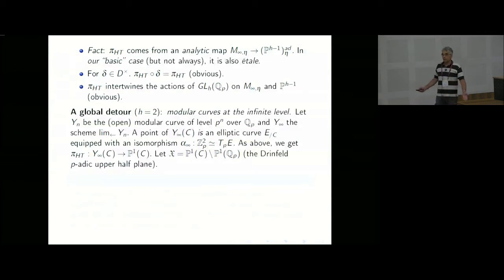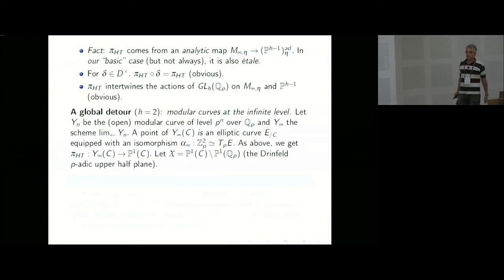And as before, we can get a map pi_Hodge-Tate in this case from such a point to a point in P^1_C, by the same recipe. We're not using anything more than is available here.